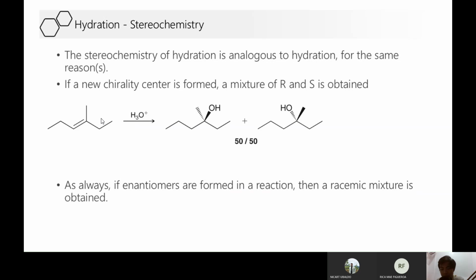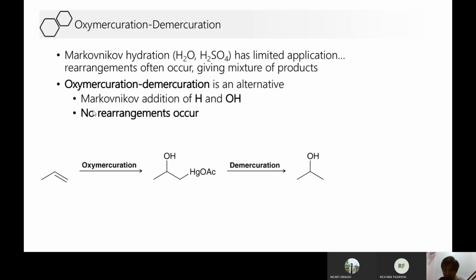Okay. The next type of reaction we discussed last time is the oxymercuration-demercuration. So this is a two-step reaction of your alkene to form a hydrated alkane, or one with just an OH. So what is the difference with acid catalyzed hydration? The difference is that it is two-step.